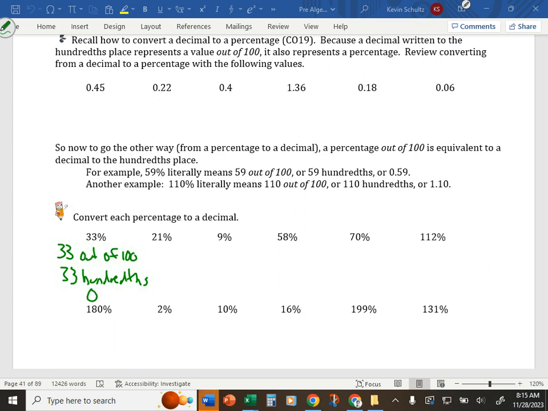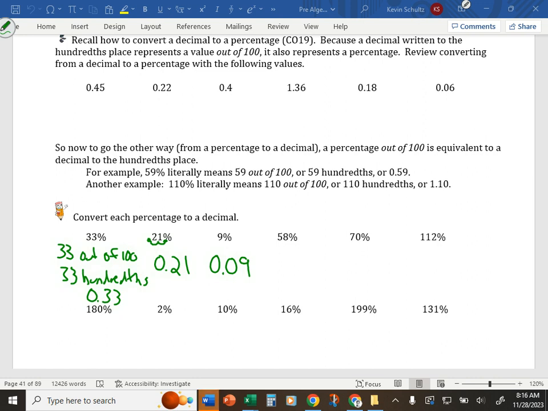0.33, okay? Essentially this is exactly the opposite of what we did to convert a decimal to a percentage. In this case, like 21%, we're going to move that decimal over to the left, giving 0.21. 21 hundredths, 21 out of 100, 21%. Okay. 9%, what is that as a decimal? 0.09.